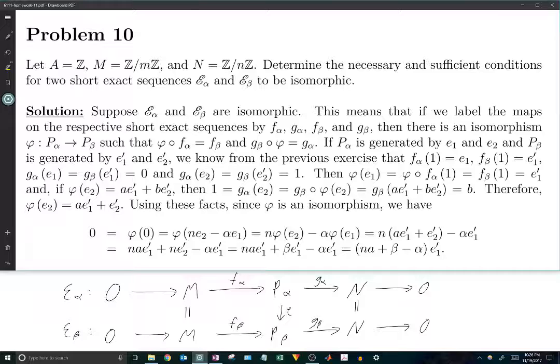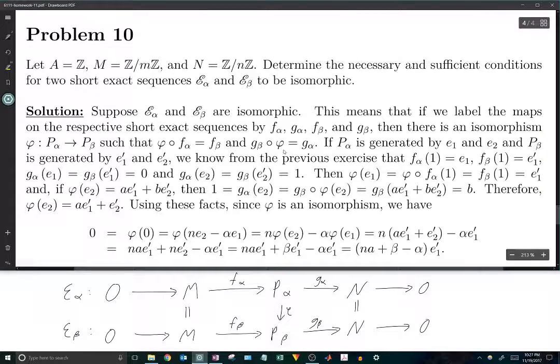I.e., F beta is equal to phi composed with F alpha. And similarly for this diagram, if we start at P alpha and go to N through G alpha, that has to be the same thing as going through phi and then through G beta. I.e., G beta composed with phi needs to be equal to G alpha. And that's exactly what I've written in the first 2.5 lines here.